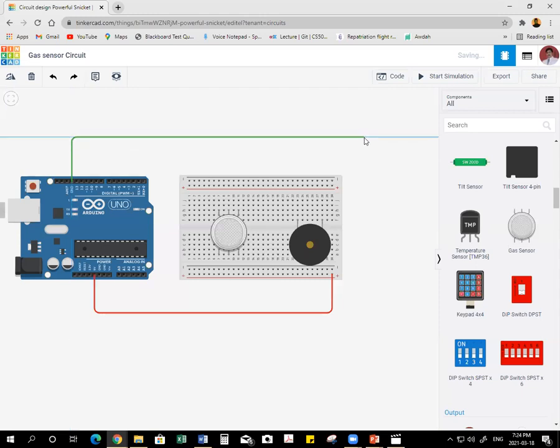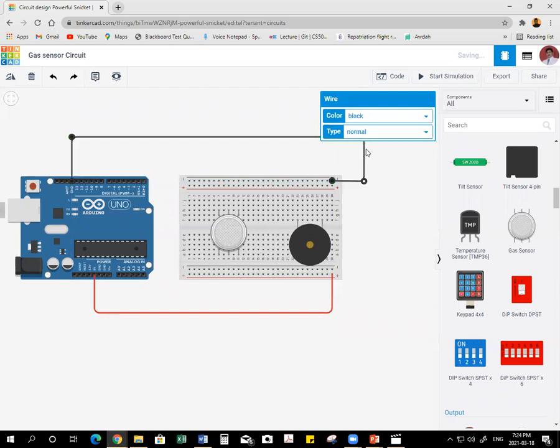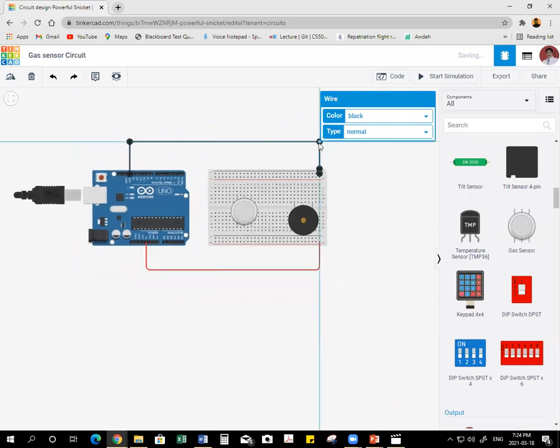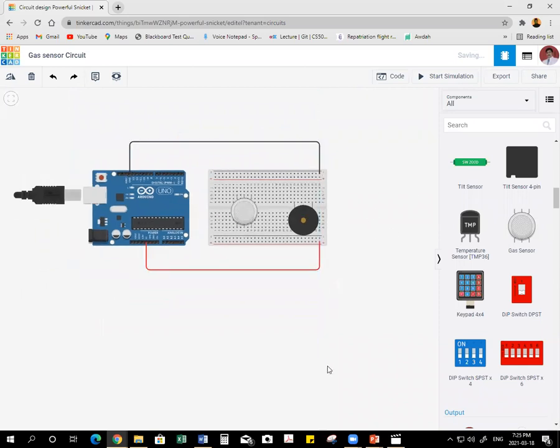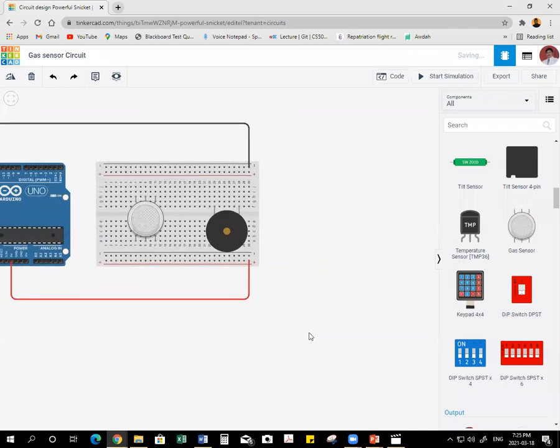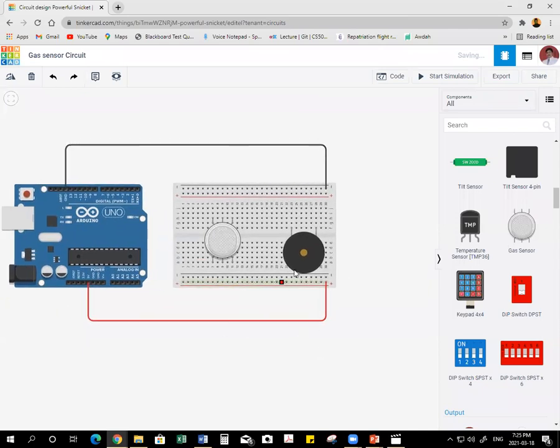Okay, black, I connected. Positive and negative are ready now.